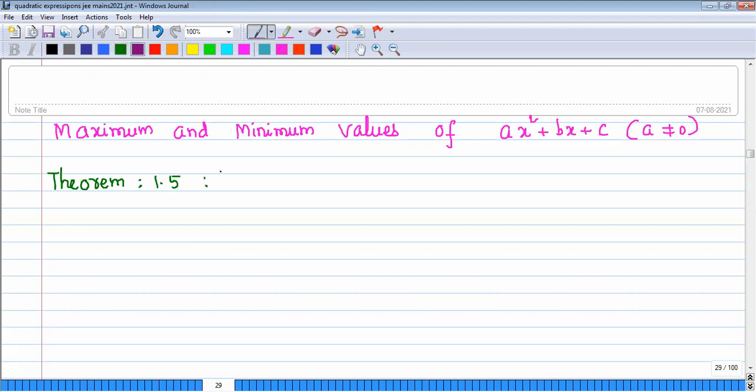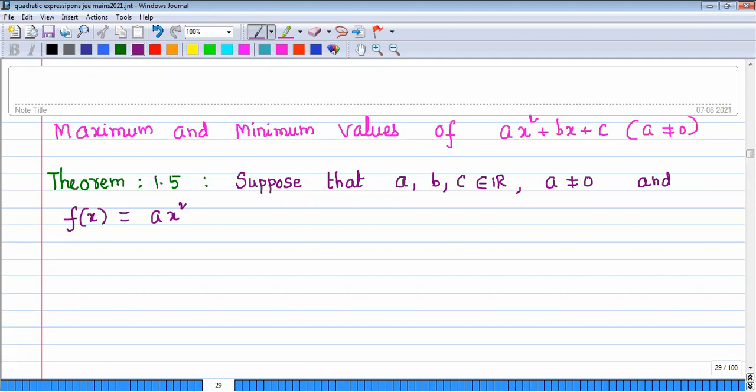Suppose that a, b, c are real numbers, belonging to R, and a does not equal 0. Give the notation f of x, or p of x also. You can say f of x is equal to ax square plus bx plus c.